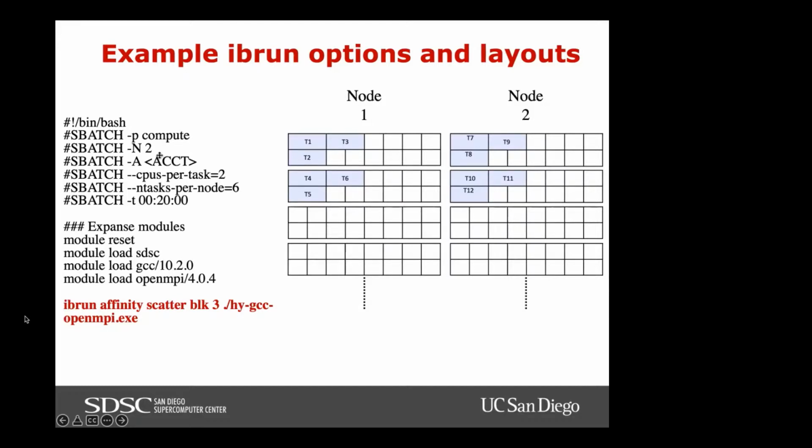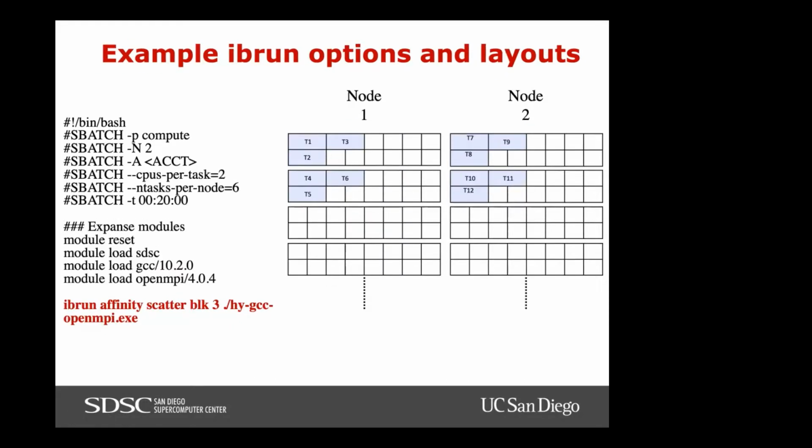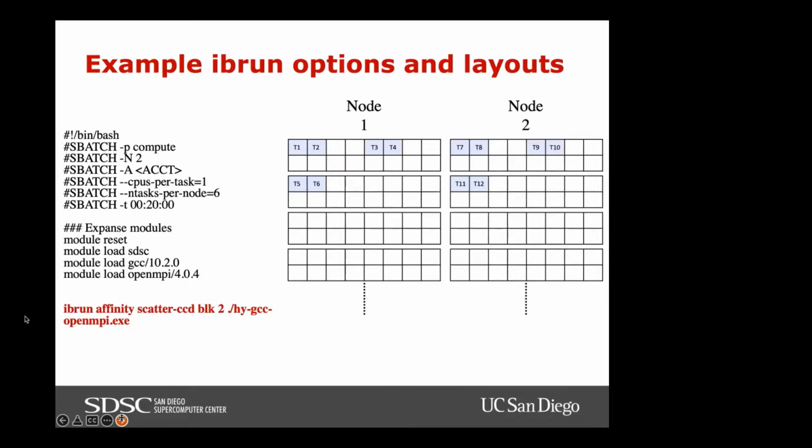Now in this example, what we have is CPUs per task set to 2. The previous one, the CPUs per task was 1. So this would be a hybrid case where you have MPI tasks and then each task has 2 threads. Now you can see it picked up 2 threads in the same CCX and then laid out the tasks again the same way.